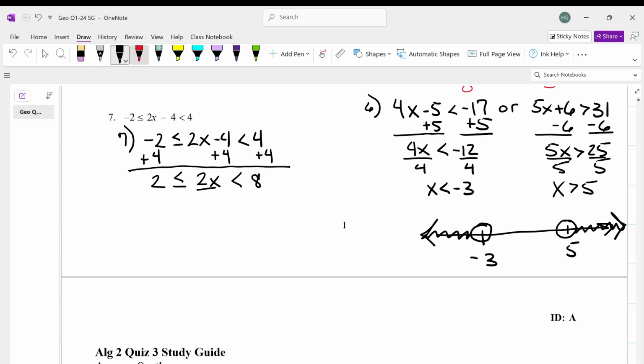I'm going to divide everything by 2 now. And we get 1 that's less than or equal to x, which is less than 4. So on the number line, we plot the 1 and the 4.